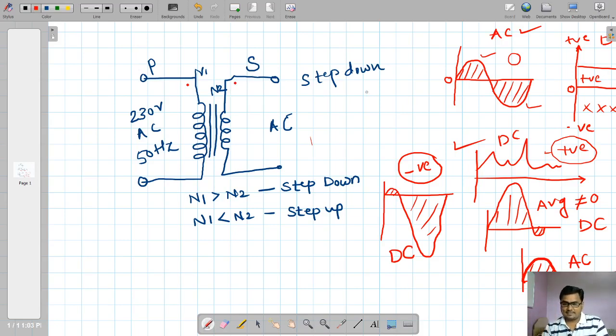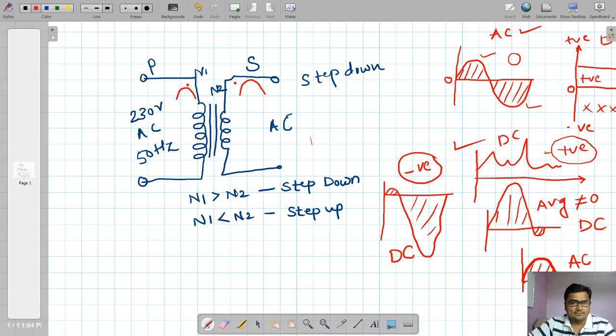It means if there is a positive half cycle at the primary of the transformer, then the same positive half cycle is available at the secondary. It means both primary and secondary are in phase. There is 0 degree phase shift. They are completely in phase.